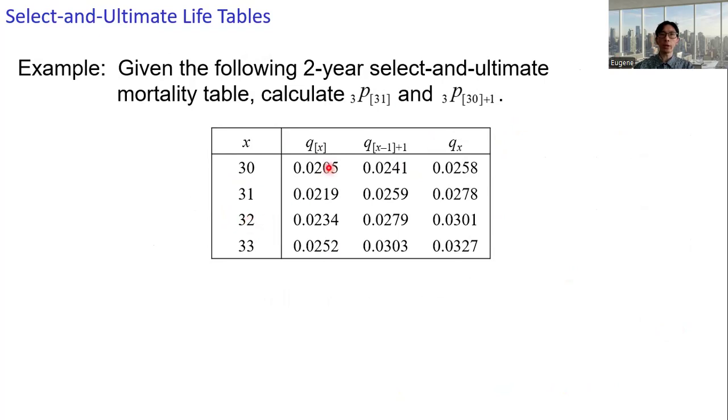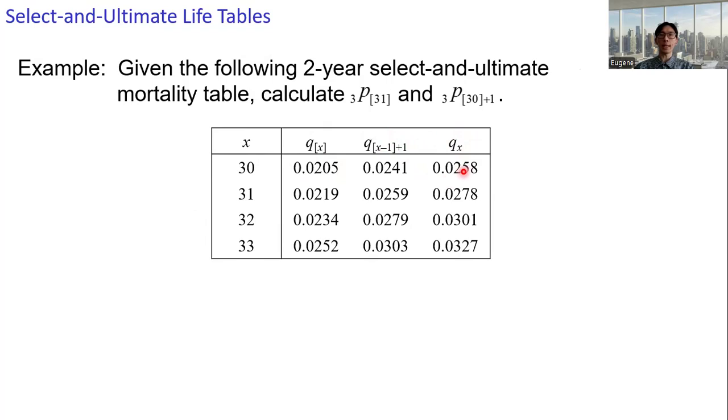Okay, be aware of the columns. This is qx, and then the next column is q, the select age is x minus 1, and then plus 1. And then the last column is the non-select life, qx.